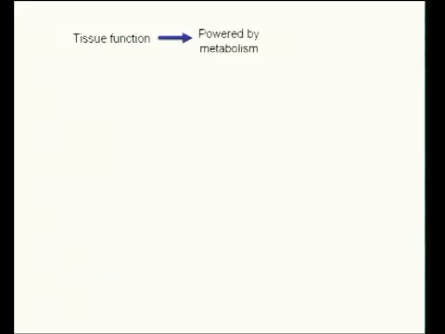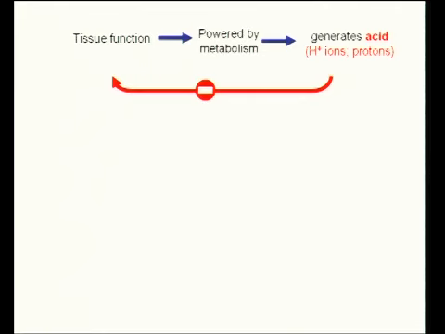And that is that tissue function, and today's meeting is about tissue function, integrated systems, is powered by metabolism, which supplies, of course, ATP, which supplies the basic functions of the cell.